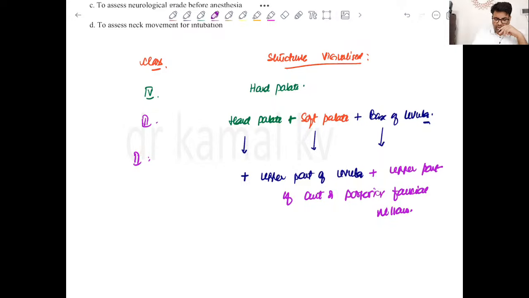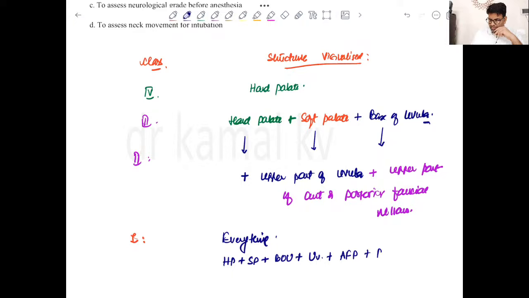Clear? And now in class 1 what will we see? We will see everything, right? So it includes hard palate, soft palate, then base of uvula, uvula proper, and then anterior faucial pillar, posterior faucial pillar, right?